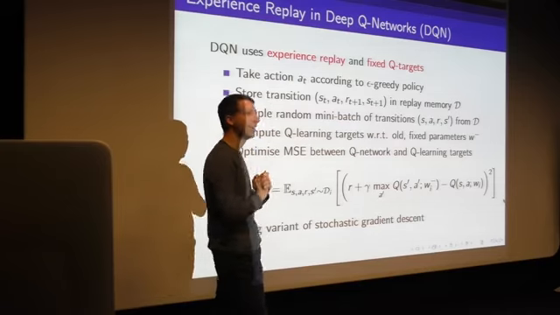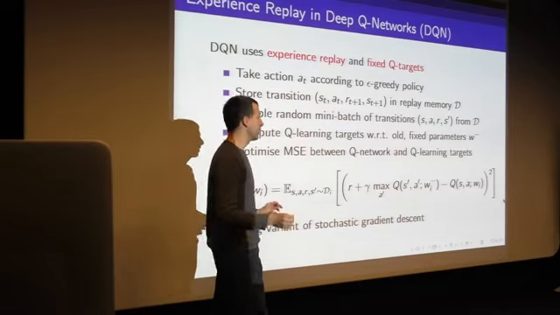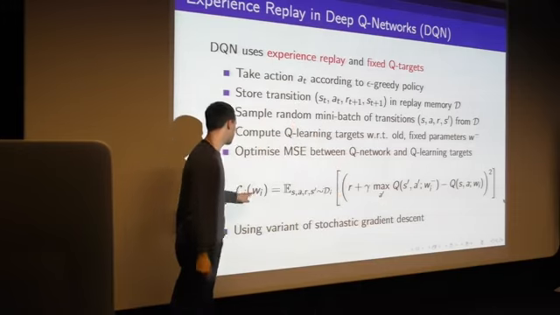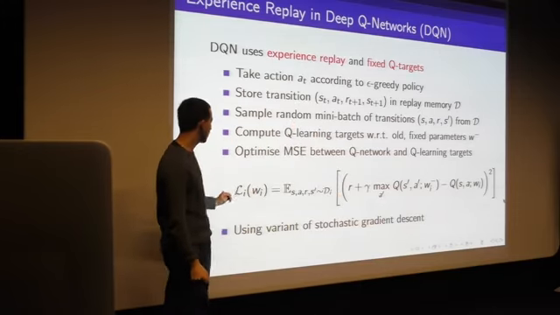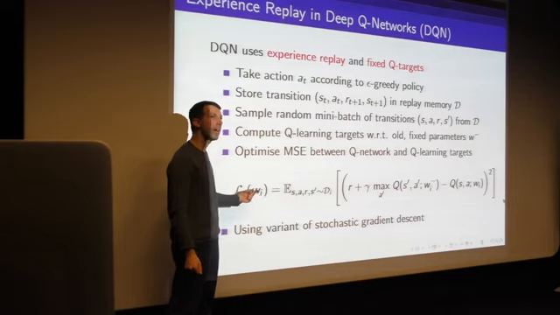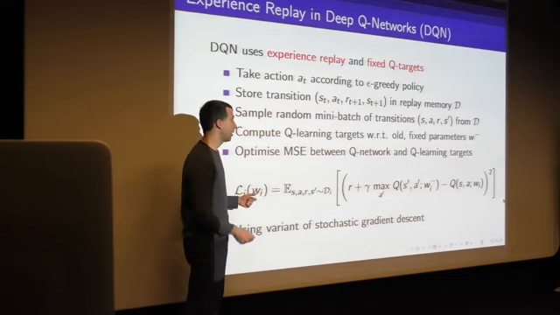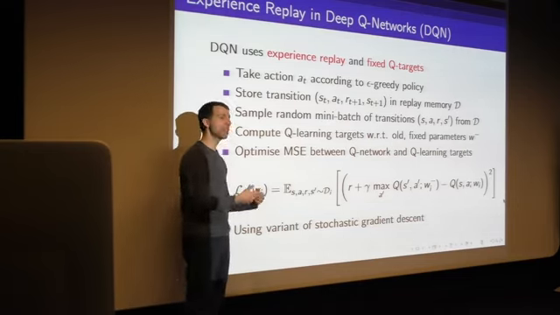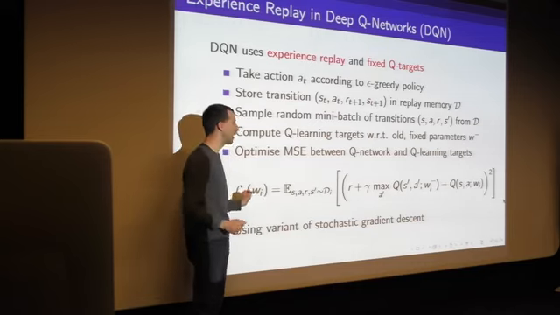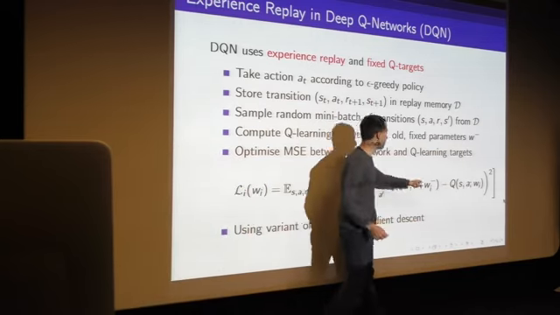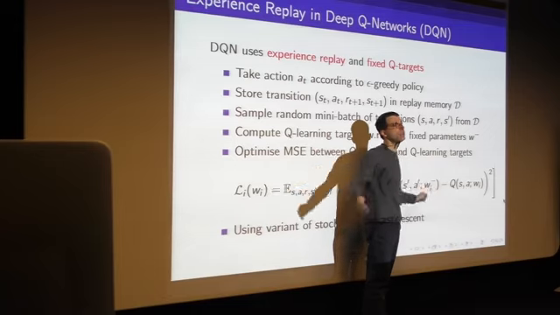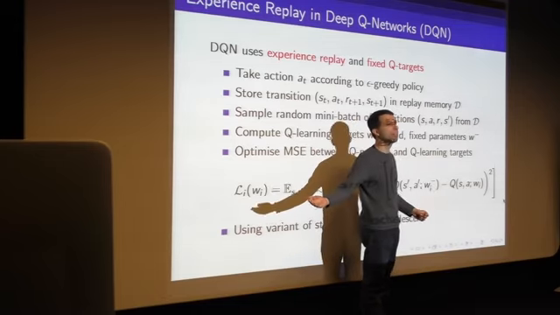So we have two parameter vectors. We have any iteration i. What this is saying is we're going to optimize the loss function for that iteration. And what we're going to do is update our latest parameters, w_i. We're also going to remember some old parameters, from, say, 1,000 steps ago.